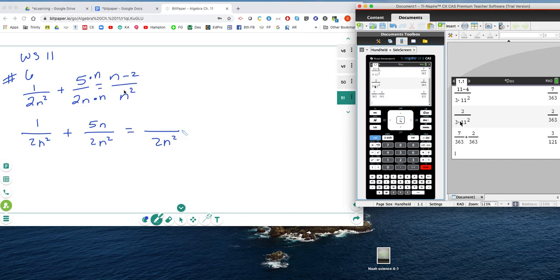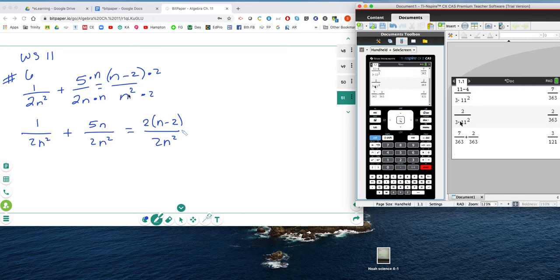Just like when we were doing our expressions, you notice here that I have a binomial. That binomial needs to be put into parentheses before I convert it down into the next fraction. So I need to take this denominator and multiply it times 2. Therefore, brother and sister rule is I'm going to multiply the numerator by 2. So it's going to be 2 times n minus 2.